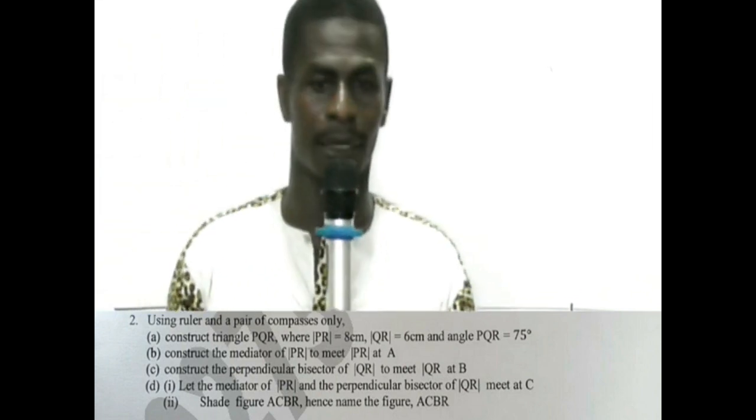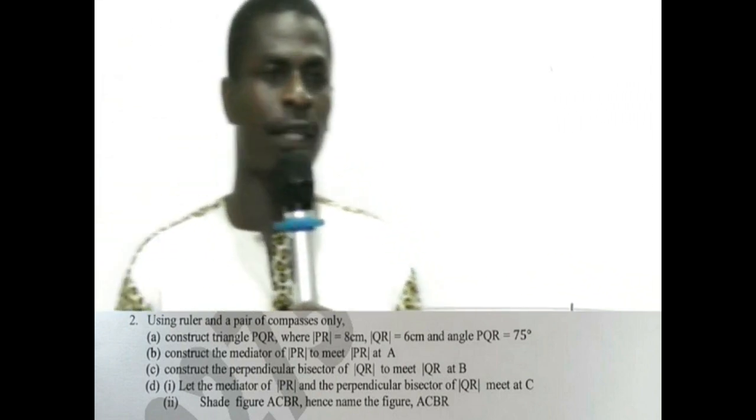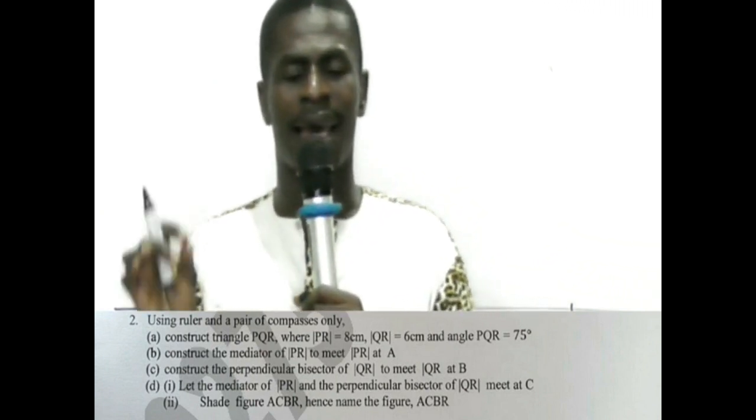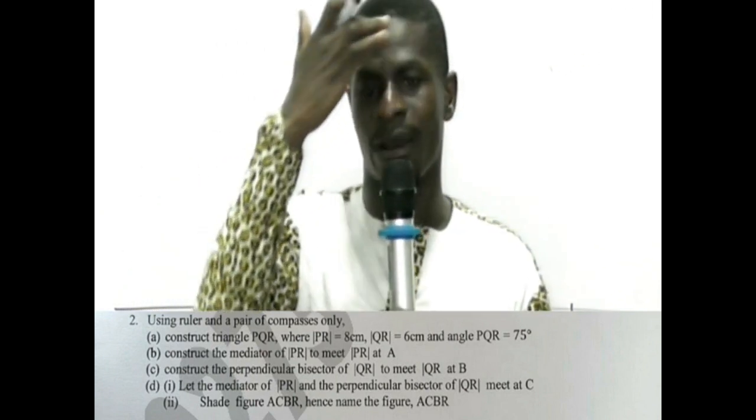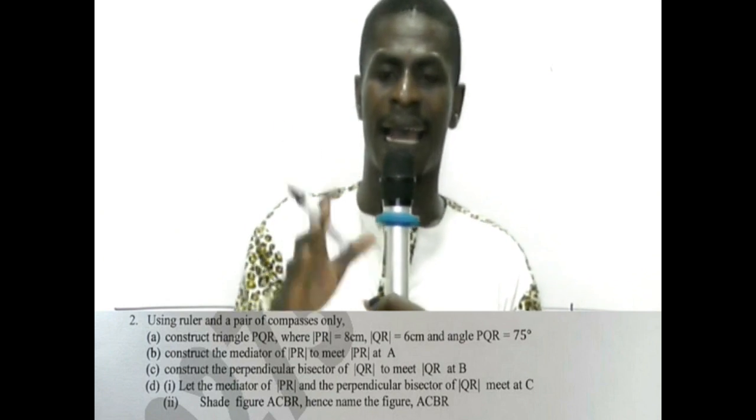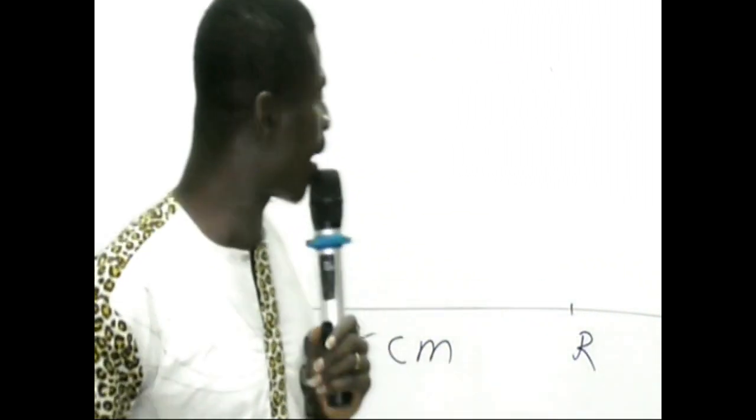So I put it there. Now, whenever you draw your baseline, anytime you're doing construction and you have two sides and an angle, the next thing to do is to construct your angle. And you have been asked to construct angle PQR.